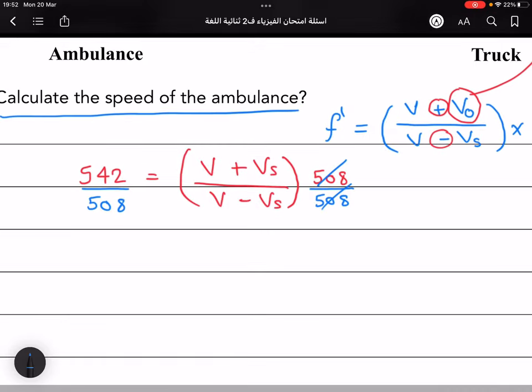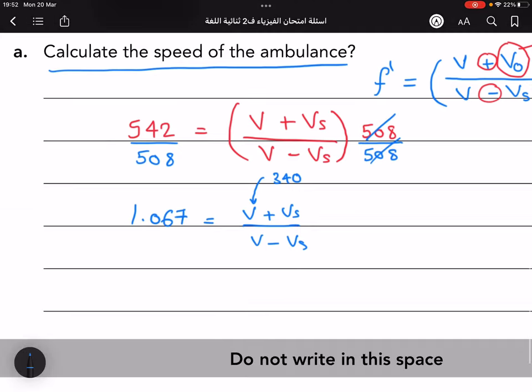So 542 over 508 equals 1.0669, which is about 1.067, equals V plus Vs over V minus Vs. I know V, the velocity of the sound, which is 340, but I will use this number later on.